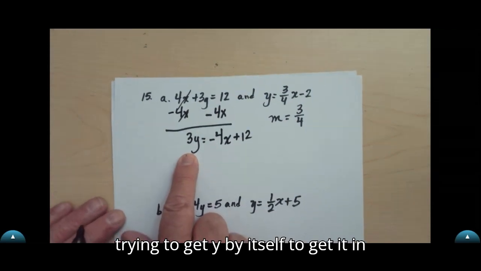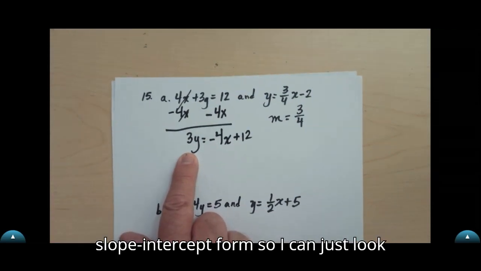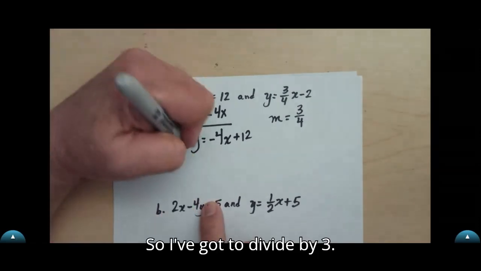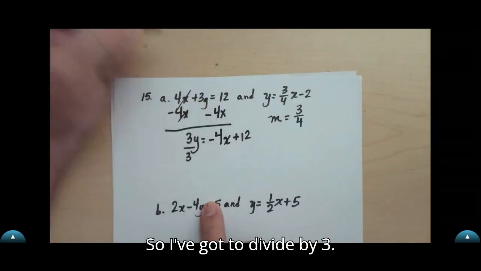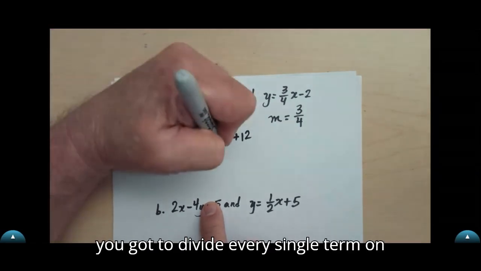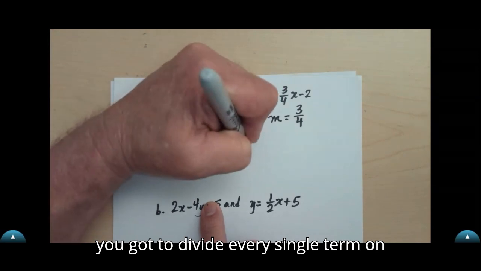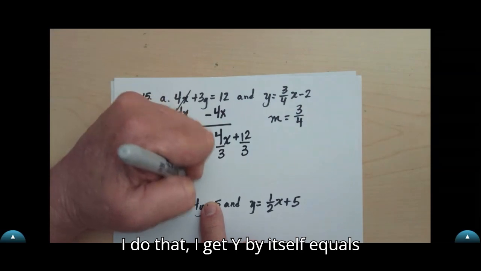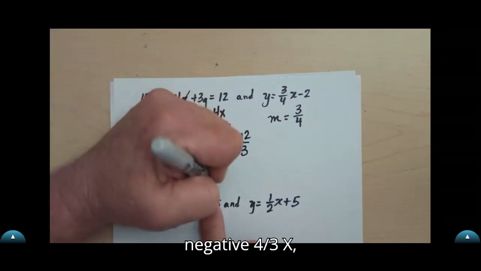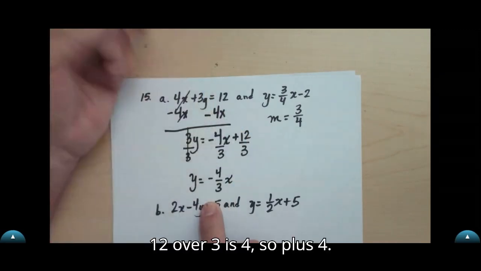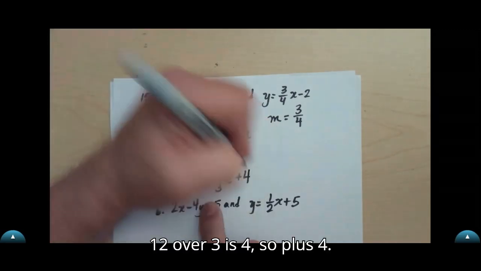I'm trying to get y by itself to get it in slope-intercept form so I can just look at that equation and see its slope. So I've got to divide by 3. And if you do that on one side, you've got to do it on both sides. That means you've got to divide every single term on both sides by 3. So when I do that, I get y by itself equals negative 4/3 x, 12 over 3 is 4, so plus 4.